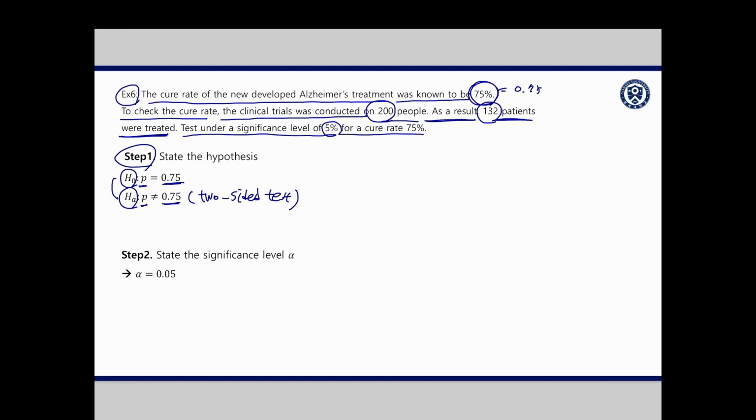Assuming H0 is true, the population proportion P equals 0.75.